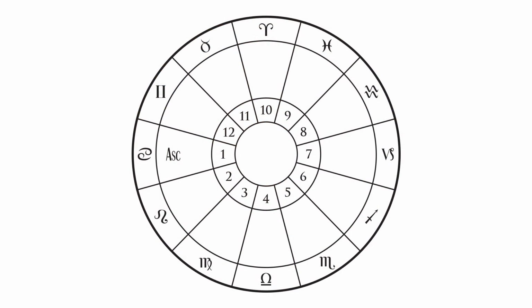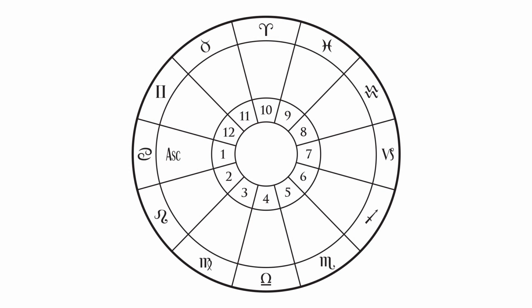So, for example, let's say that the ascendant is somewhere in the zodiacal sign of Cancer when a person is born. In that case, Cancer would become the first house. So from 0 to 30 degrees of Cancer would become the first house in that person's chart.